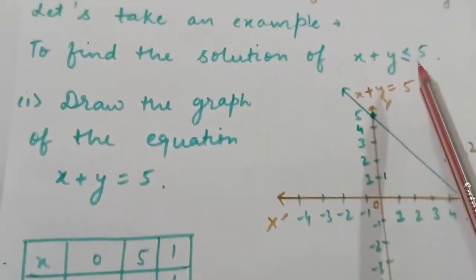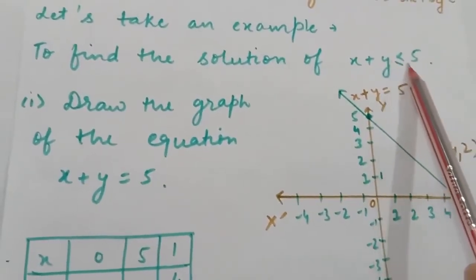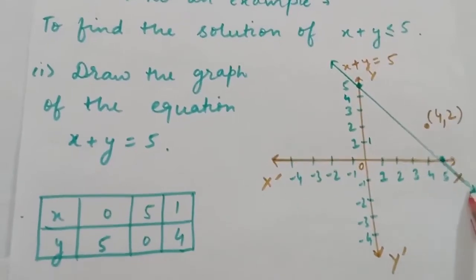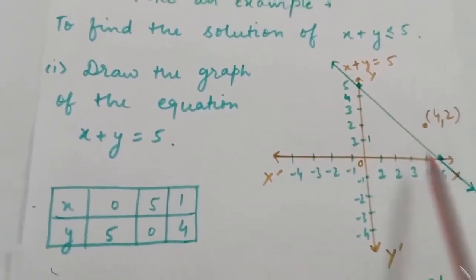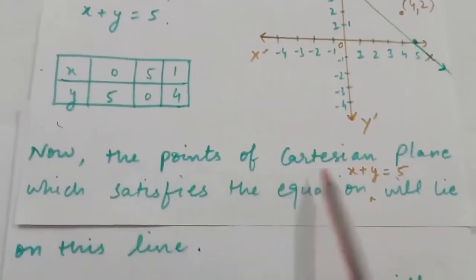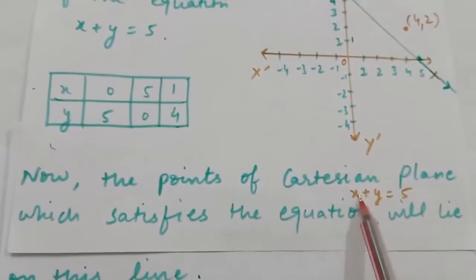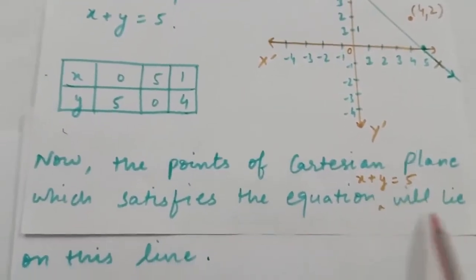Also you can see in the question equality is there, right? Therefore draw a dark line. I will tell you why we have drawn this dark line. Now see, the points of the Cartesian plane which satisfy the equation x plus y equal to 5 will lie on this line.